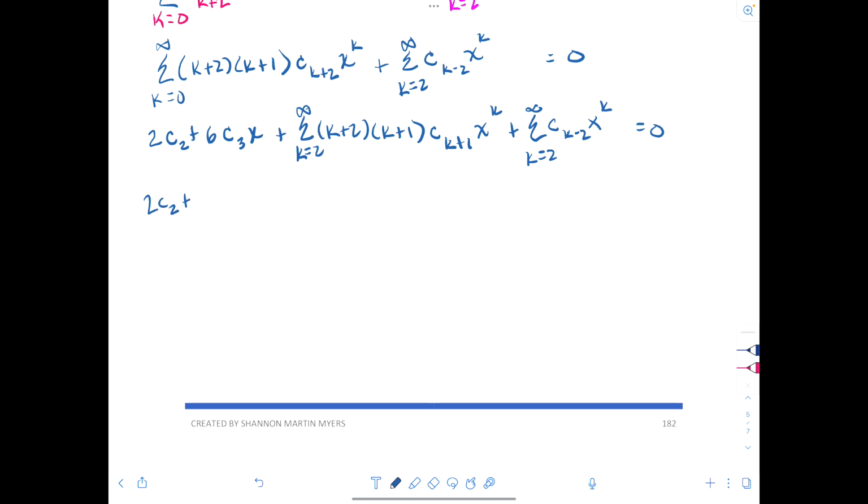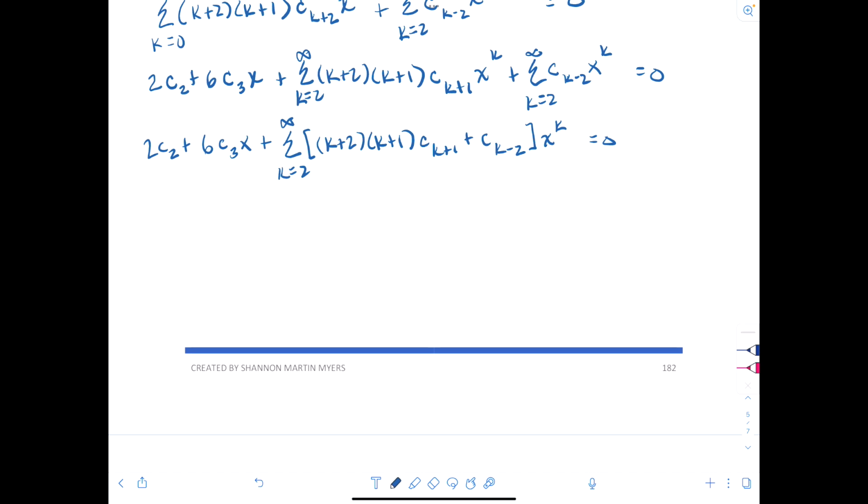So we'll have our 2c2 plus 6c3 times x plus the summation as k goes from 2 to infinity. We're going to factor out an x to the k to the right-hand side. So we're going to have k plus 2 times k plus 1 times c sub k plus 2, and then plus c sub k minus 2 from the other factor, all times x to the k equals 0.